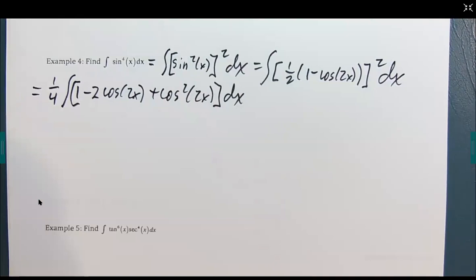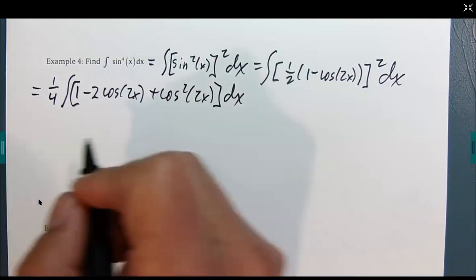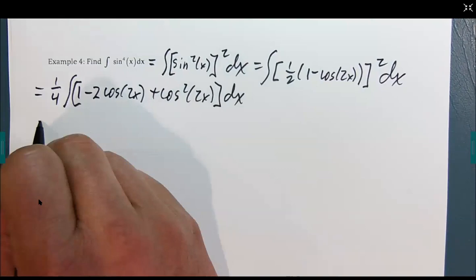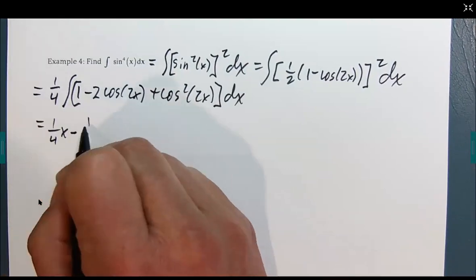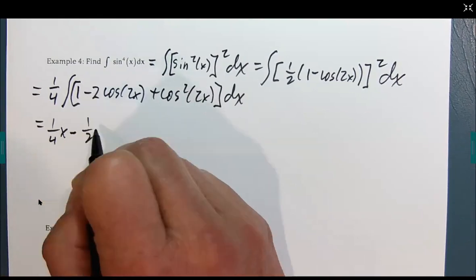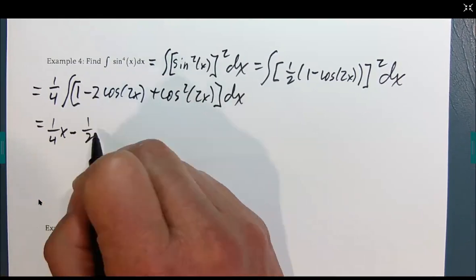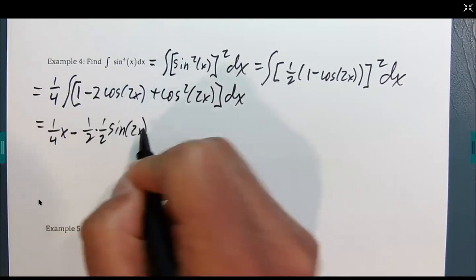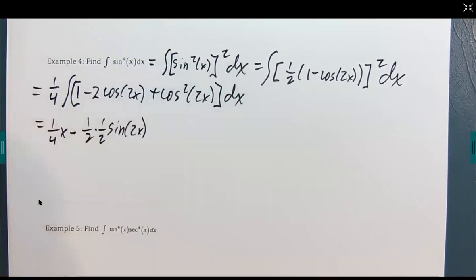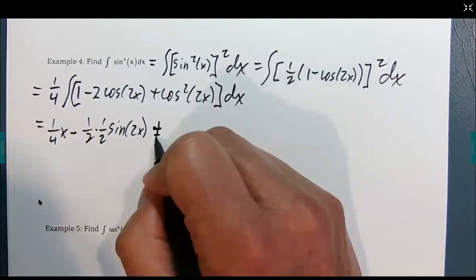So I'm going to start integrating these very carefully. So this gives me 1/4 x minus 1/2, because 2 times 1/4 is 1/2. Plus I get an extra 1/2 there. Plus, not equals, plus.